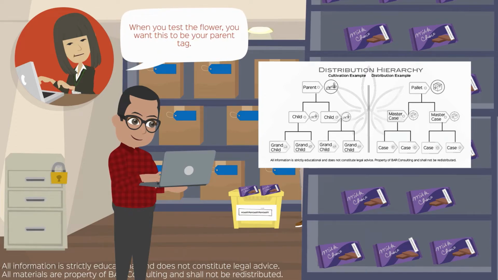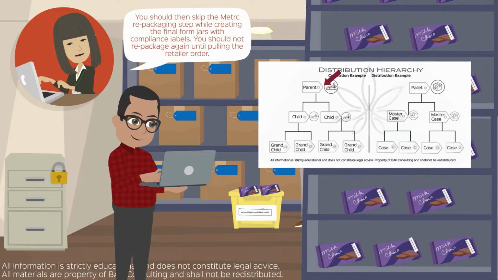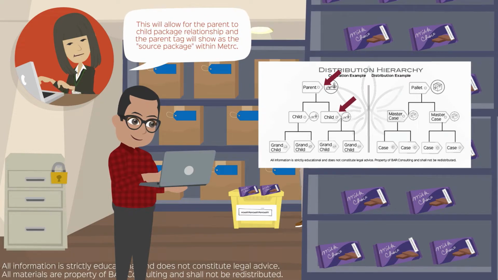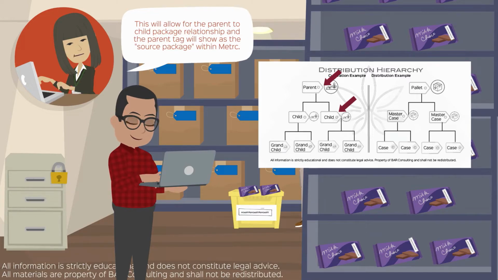When you go to test the flower, you want this to be your parent tag. You should then skip the Metrc repackaging step while creating the final form jars with compliance labels. You should not repackage again until pulling the retailer order. This will allow the parent-child package relationship, and the parent tag will show up as the source package within Metrc.